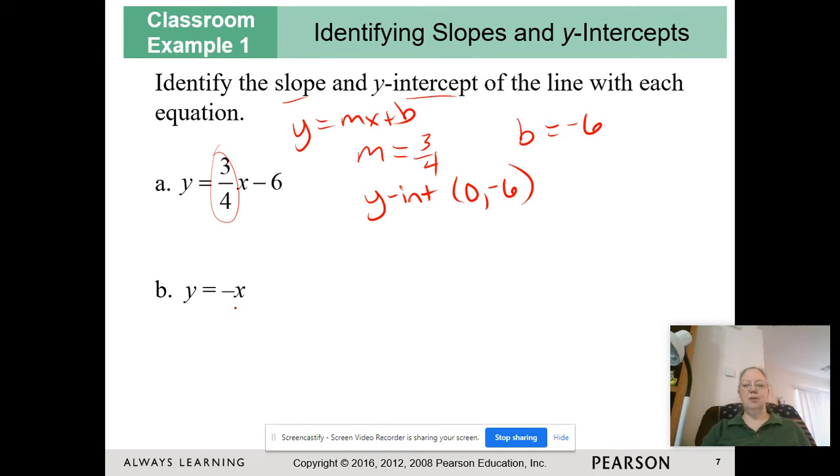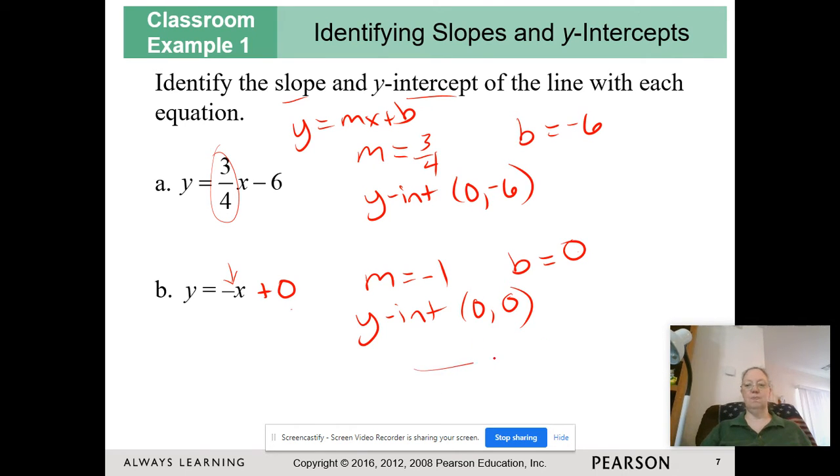Now this one is a little bit different, but notice I could write this as plus 0. Adding 0 does not change the original equation. So this number gives me my slope, and my b in this case is 0. So my x is always 0 for the y-intercept, but this time my b is also 0.